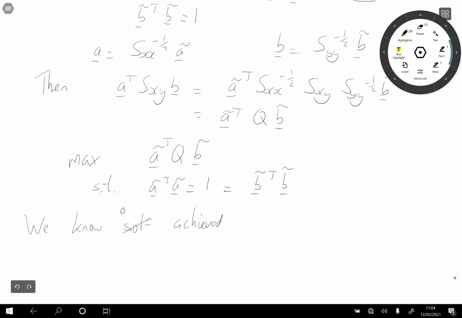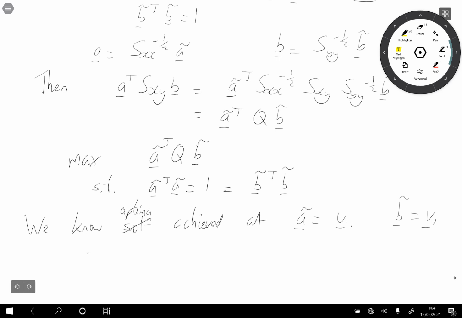We know the optimum is achieved at A tilde equal to U1 and B tilde equal to V1.